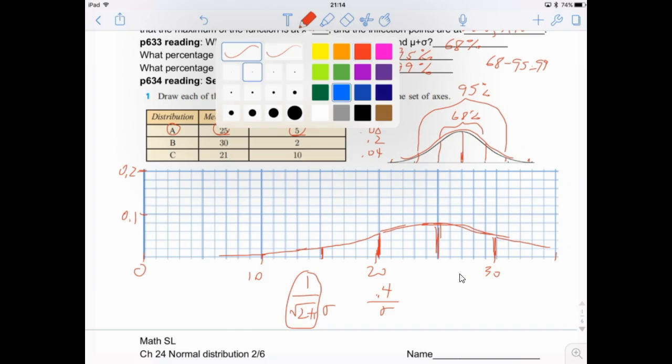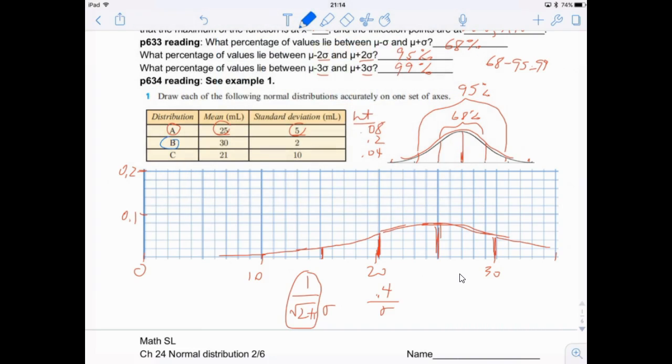Now B, I'll do in blue. B is centered at the mean of 30, and it has a height of 0.2. It's really tall. You're wondering why this one is so tall. And then the standard deviation is 2. So 2 away is about 68% of the data right there, and that's where the curvature starts changing.